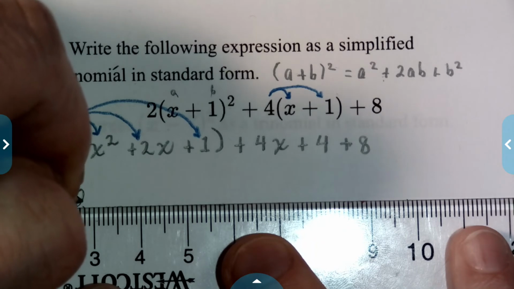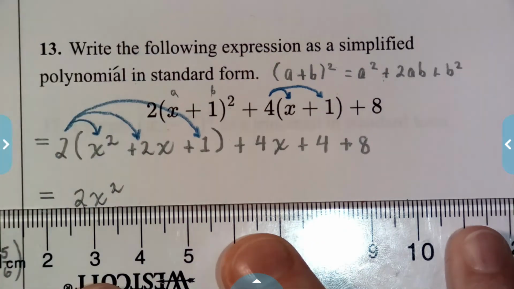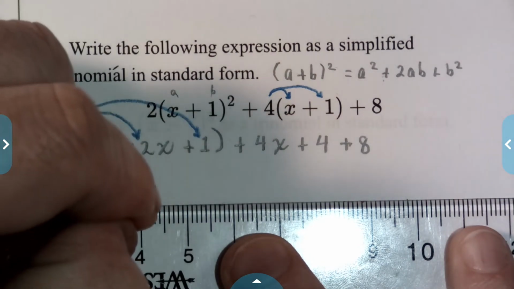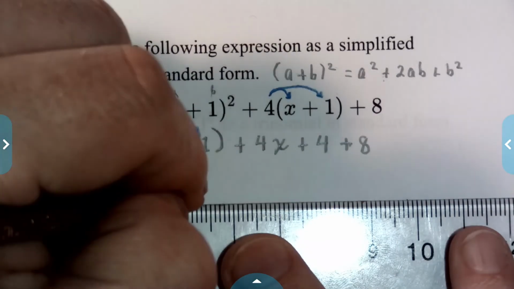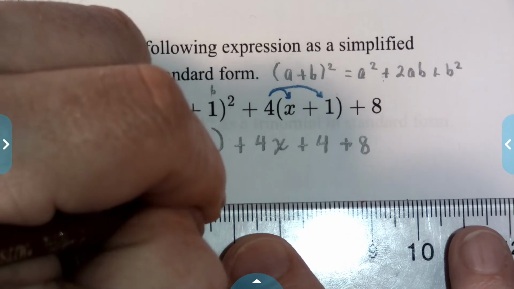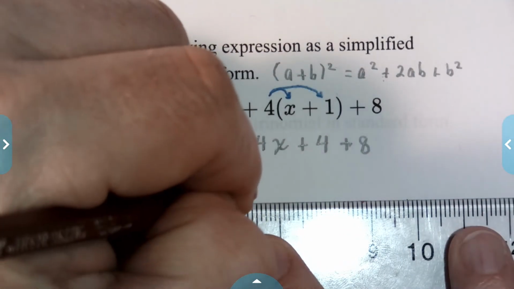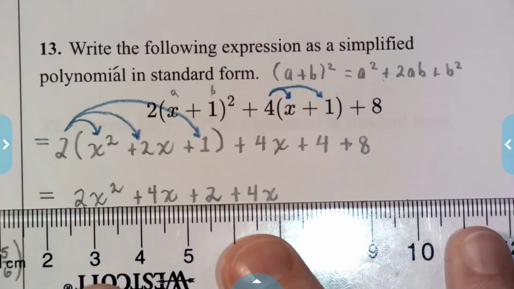So we're going to have 2x squared plus 4x plus 2 plus 4x plus 4 plus 8.